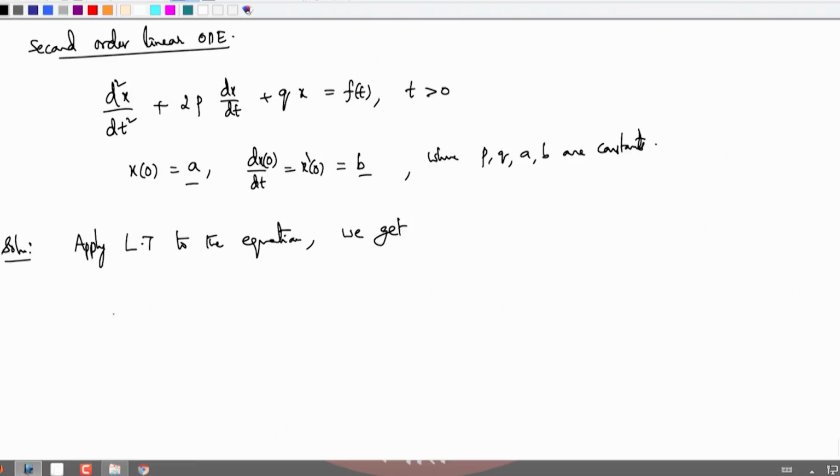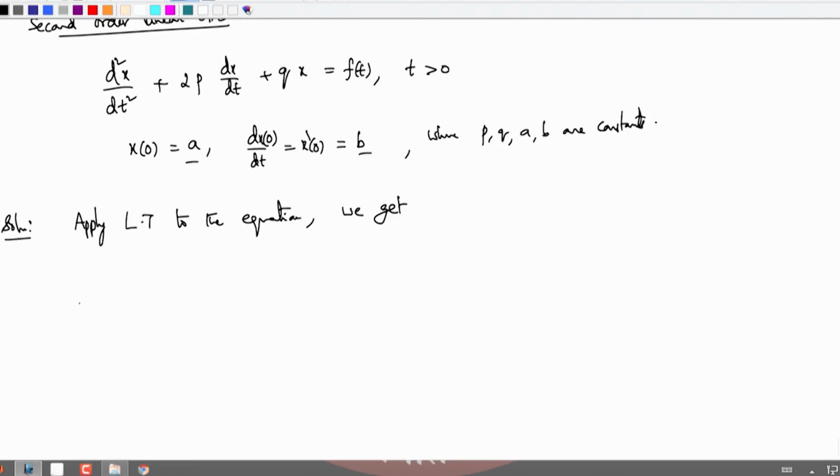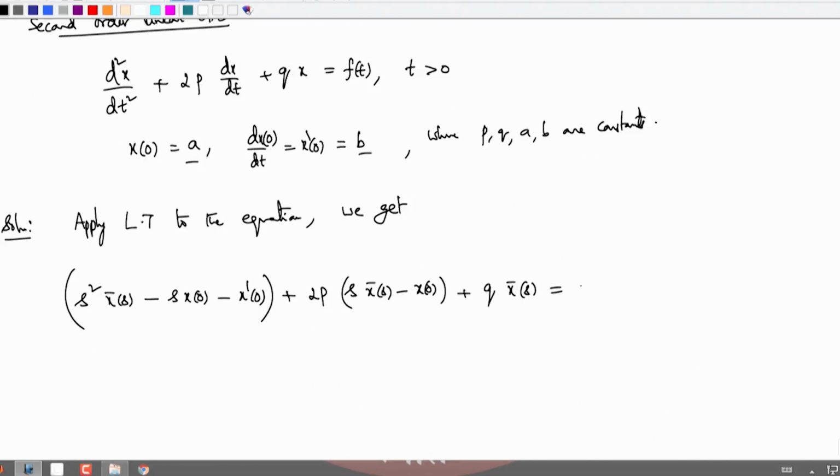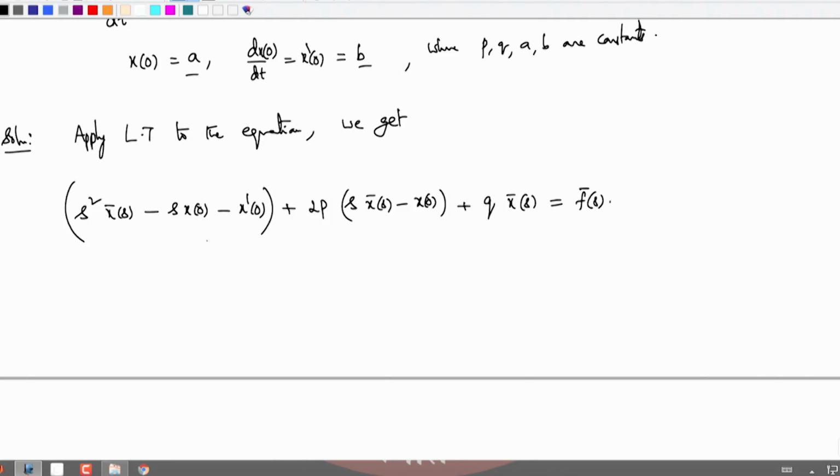The Laplace transform of the second derivative, we know, is s square x bar of s minus s times x at 0 minus x dash at 0, plus 2 times the constant p times the Laplace transform of the first derivative, which is s x bar of s minus x at 0, and then plus q, a constant, times the Laplace transform of x, which is equal to f bar of s, the Laplace transform of f of t. Now, you can use the initial values.